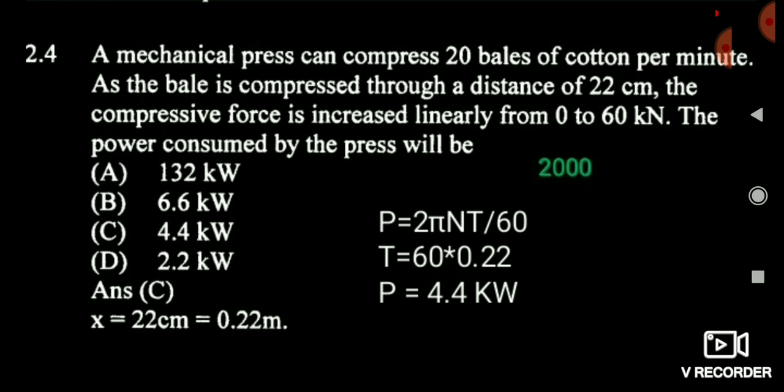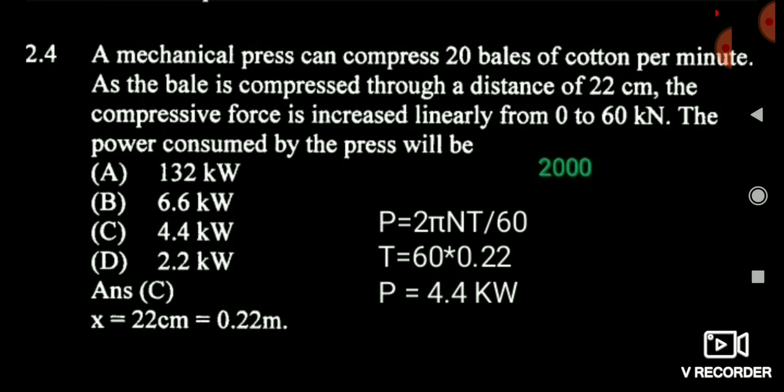Friends, power is equal to 2 pi nT divided by 60. You should calculate the torque, which is force into distance, that is F into R. The distance is given as 22 centimeter, and you multiply it by force to get the torque. And here n means revolutions.